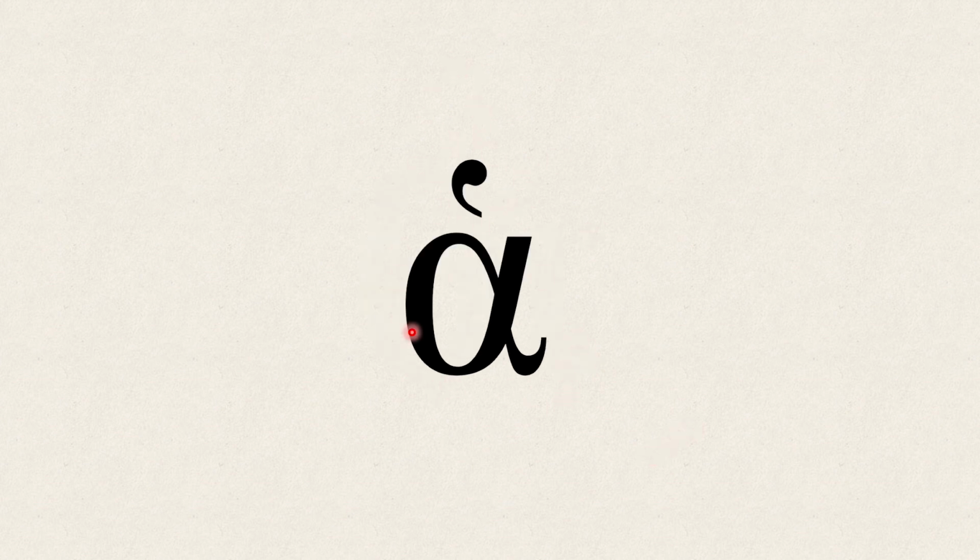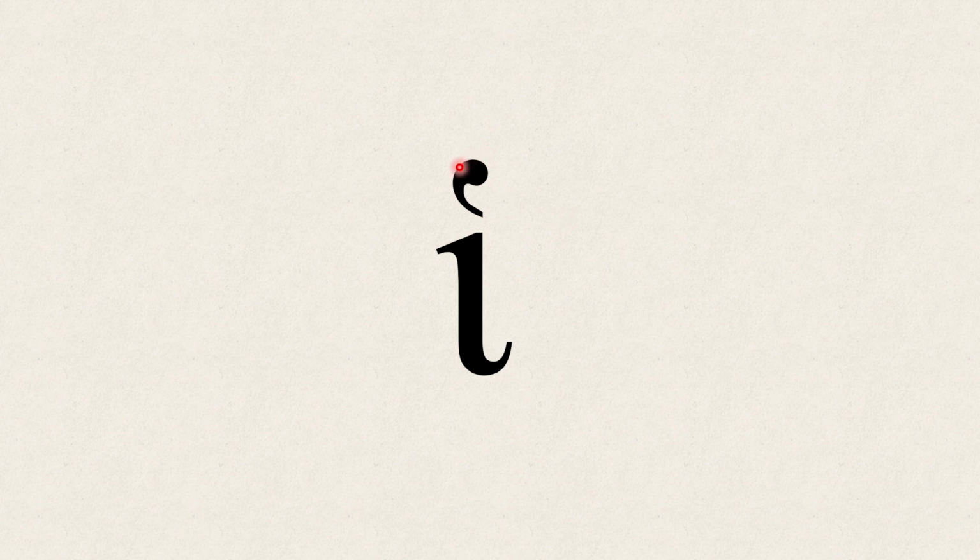A, ha, ha, ha. I, he, he. Notice I'm not going to go he. That's a different sound. This is h, i, he, he, he.